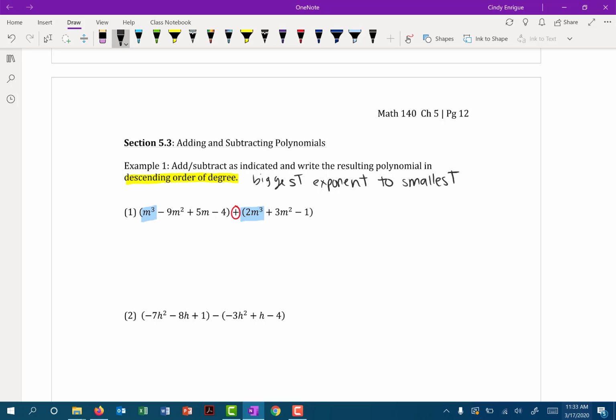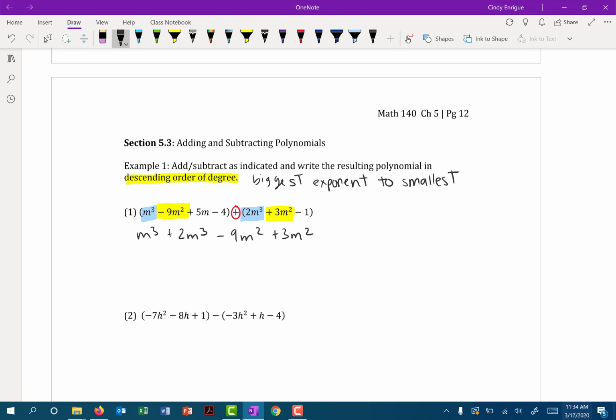So I have my m cubed plus my 2m cubed. Now for the next one, I have m squared and an m squared, so I'm going to write those together: a negative 9m squared and a positive 3m squared.